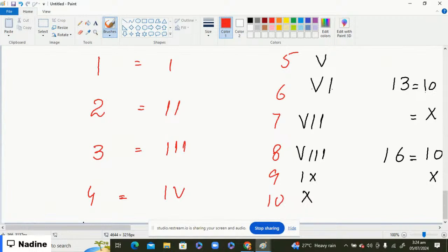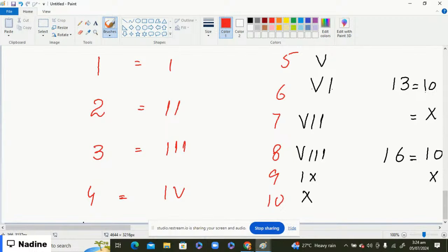Now the second part, 5 to 10. So 5 is V. Starting from 6, it's 5 plus 1, then 5 plus 2, next 5 plus 3. And 9 and 10 are different. 9 is represented with IX and 10 is represented with X. Understand?